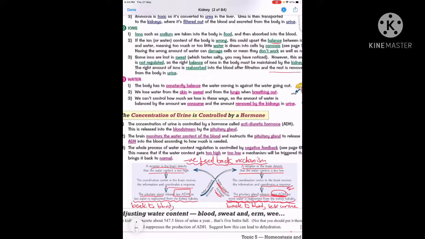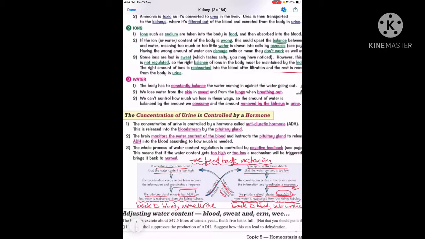That means less water is going back to the blood, so more water is released into the urine. So I would have more urine, or more diluted urine. This will eventually decrease the water content inside my body, and so the negative feedback happens again, and the cycle will be repeated.